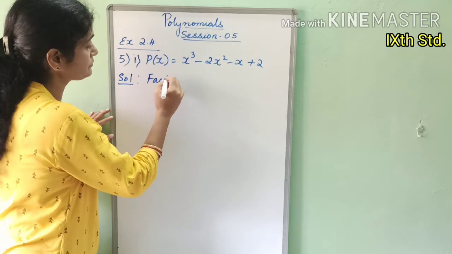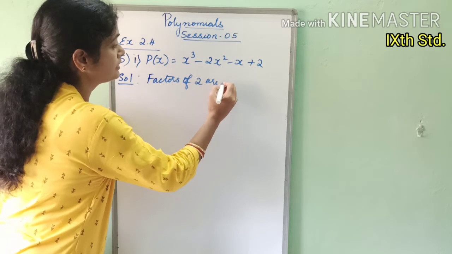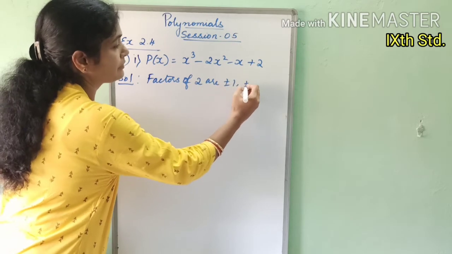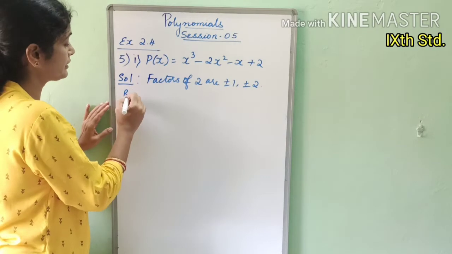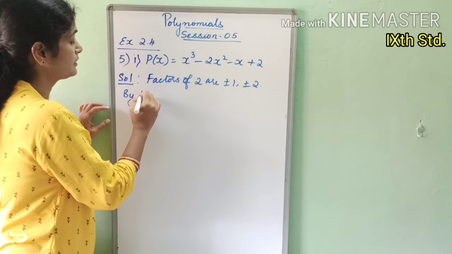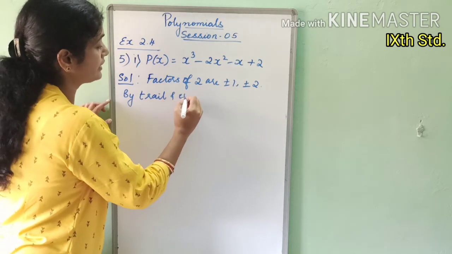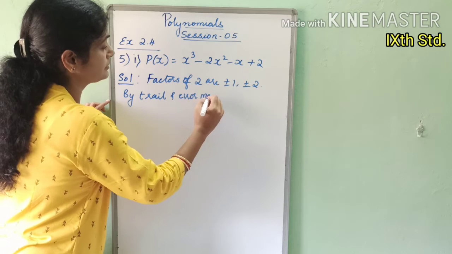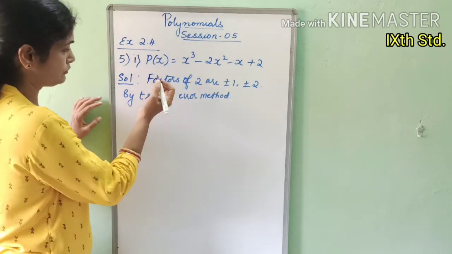Factors of 2 are plus or minus 1 and plus or minus 2. Now, by trial and error method, we will find one of the zeros of this polynomial.